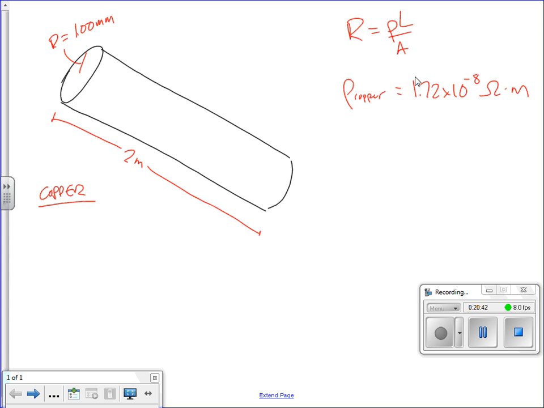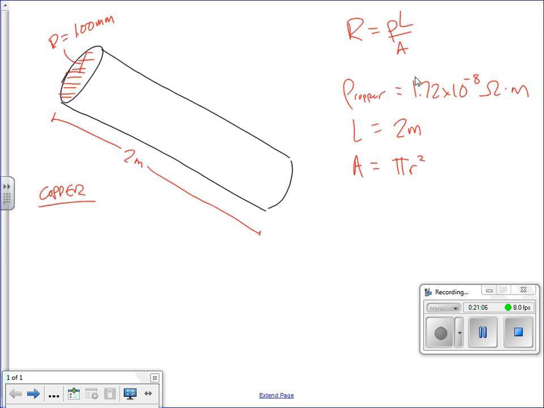That's rho, resistivity of copper. Length is 2 meters. Area, well, this is a cylindrical wire. How do you find the area of that circle? If you know the radius, we do pi r squared. If you can't remember that, that's actually in the reference table too. People will say 2 pi r, that's circumference.